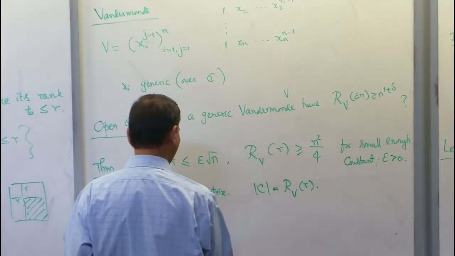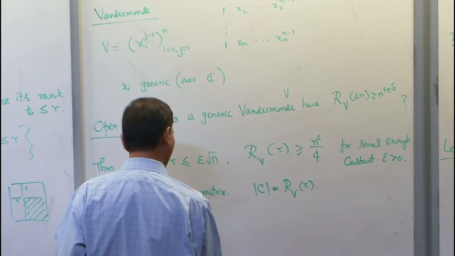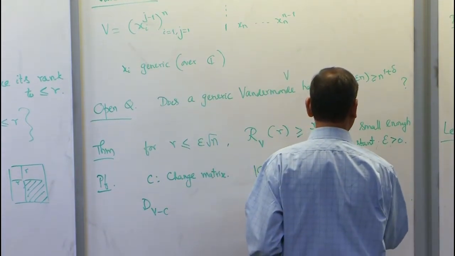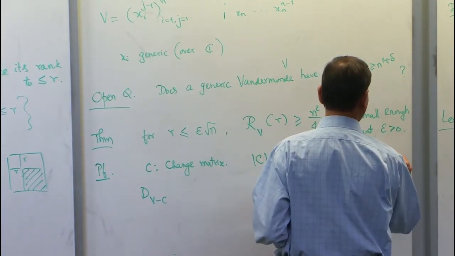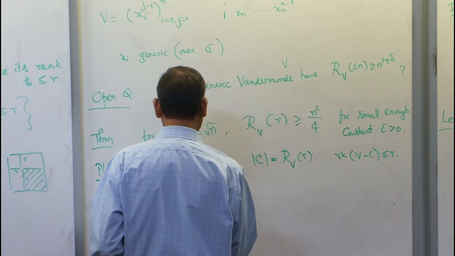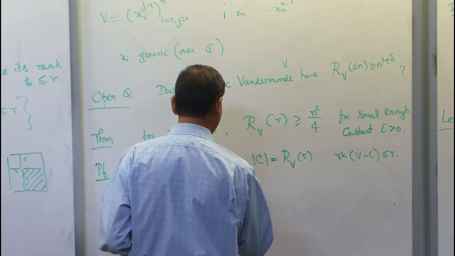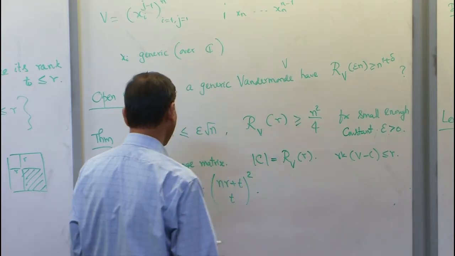And so we know at least one thing: the Shoup-Smolensky dimension of V minus C, so the rank of V minus C or V plus C, is at most nR plus something, to the t.